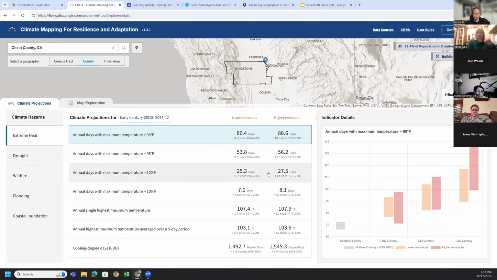And so, for extreme heat, it gives you a graph and shows you throughout recent history how many days have had temperatures above 90 degrees. And these are the projections for the early, mid, and late century based on either a lower emissions or higher emissions kind of model for how our economy progresses.